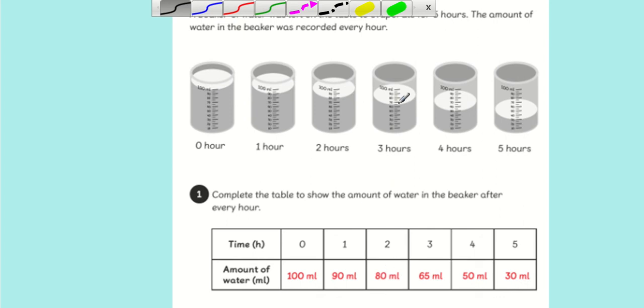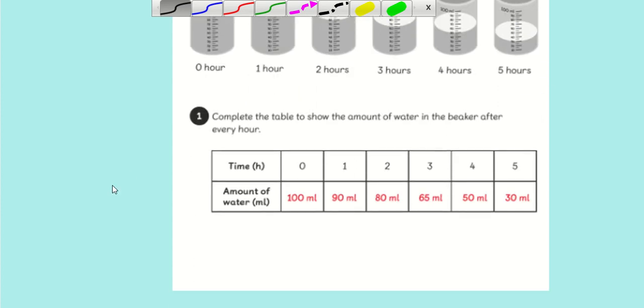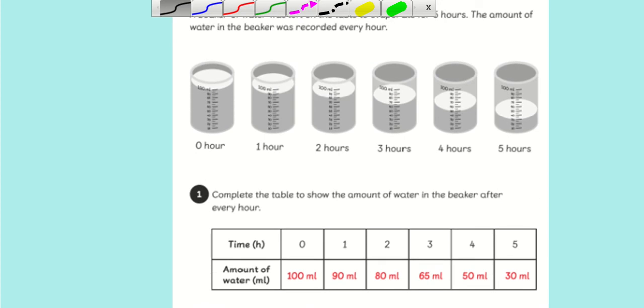At 3 hours, it was on 65. At 4 hours, it was on 50 millilitres, and then after 5 hours, it had gone down to 30 millilitres. Okay, so well done. That's another skill that we're using here, being able to read measurements like this. Okay, so that's our table.